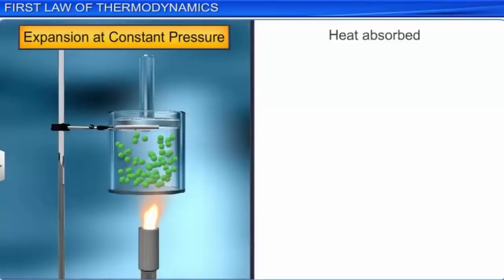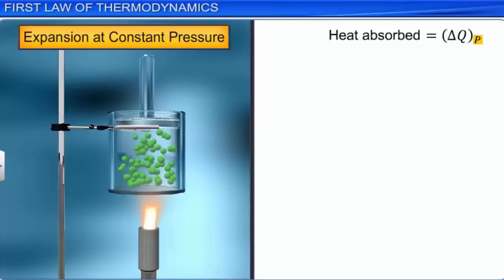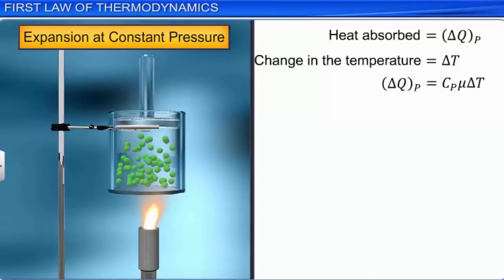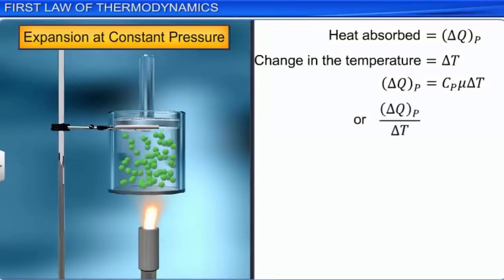Let the heat absorbed by the gas be delta Qp, where the subscript P indicates that the heat absorbed is at constant pressure, and the change in temperature is delta T. Then delta Qp is equal to Cp into mu into delta T, or delta Qp by delta T is equal to mu into Cp. Let this be equation 1.